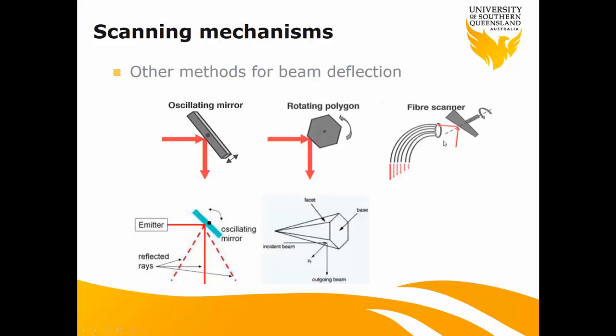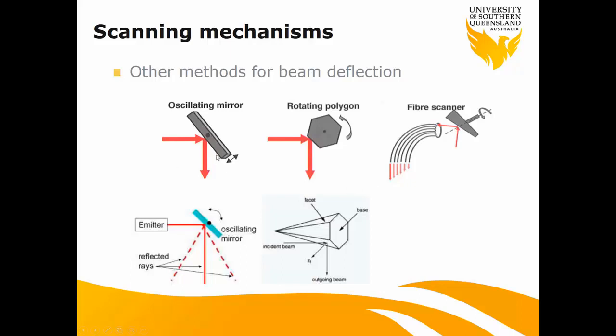And also this one we call the fiber scanner. First, it deflects the laser beam to this optical fiber, and then through this fiber the laser beam is pointed to the target. The last two deflection methods are quite commonly used in airborne LiDAR.